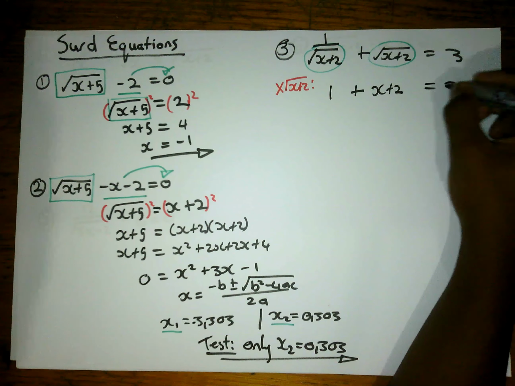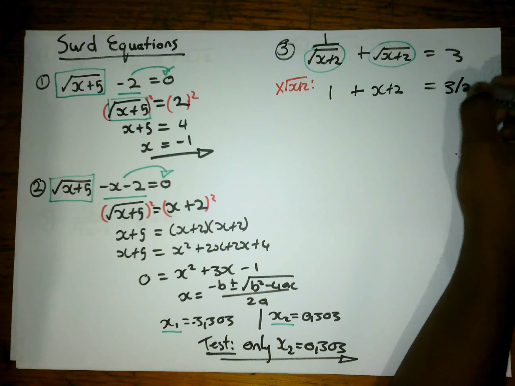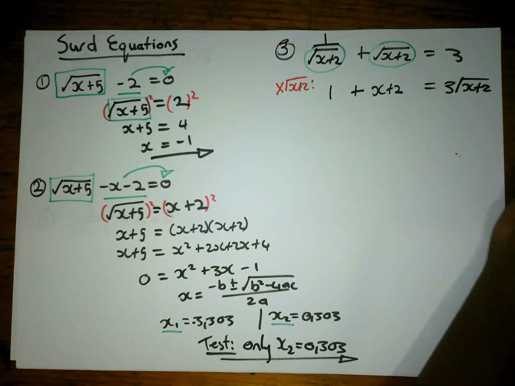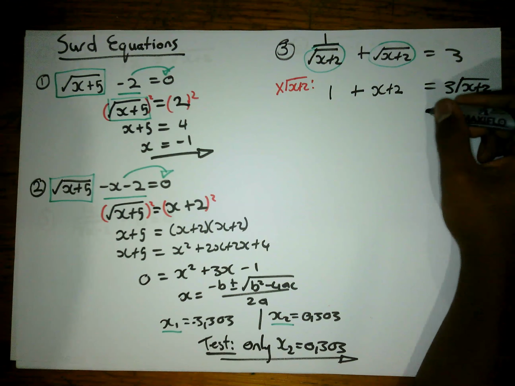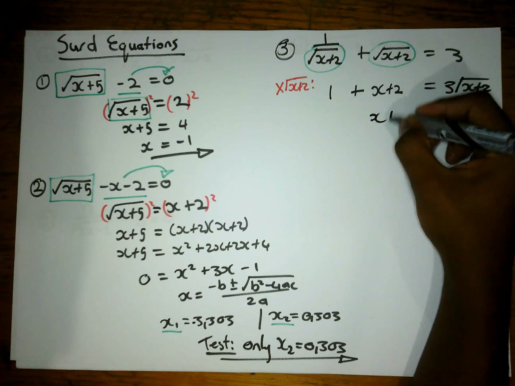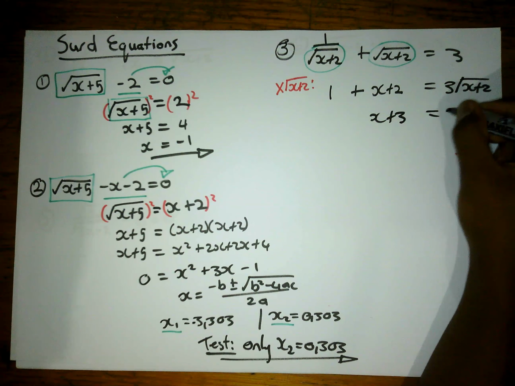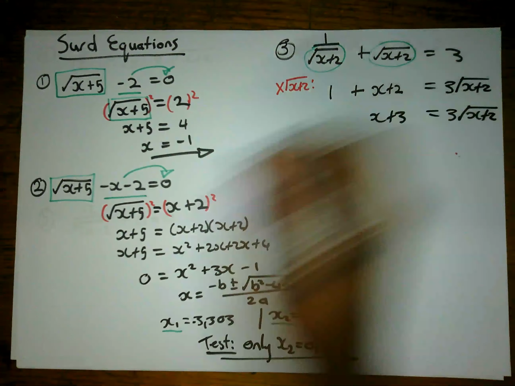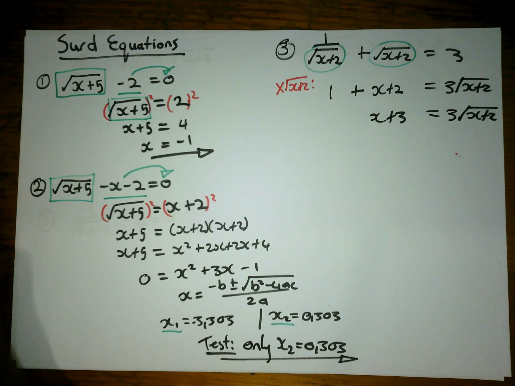Over here we're left with this x plus 2. Okay, what do we do now? Now we simplify. So this 1 plus that 2 is x plus 3, and we're left with 3 x plus 2.